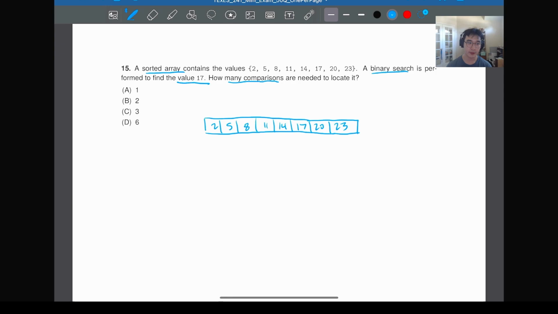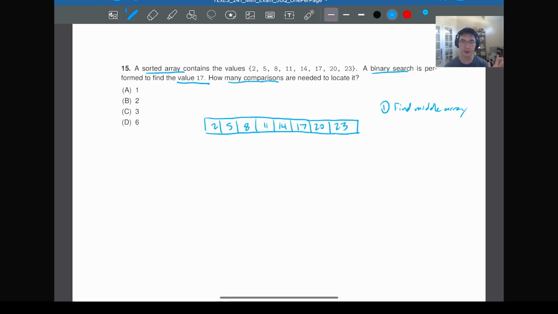So the question is, what is the middle value of this array? Well, it seems like there are two values, right? 11 or 14.